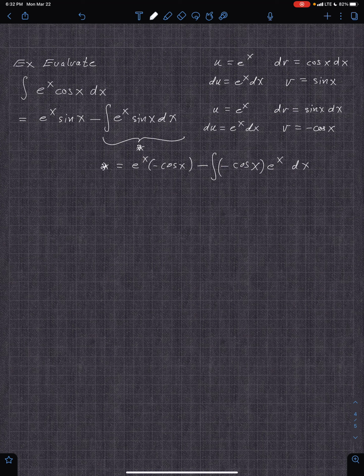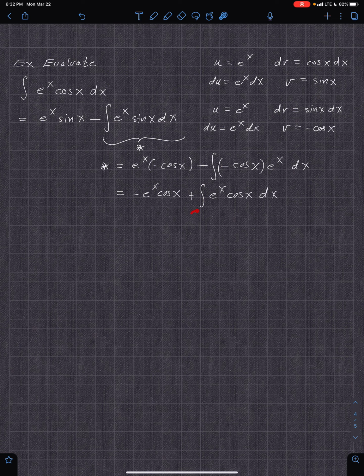Okay, now wait a minute. Aren't we back to where we started? Let me simplify this a little bit. So that's negative e to the x cosine x, and then plus the integral of e to the x cosine x dx.